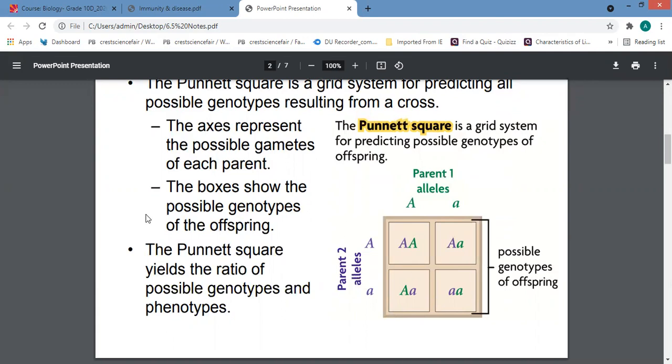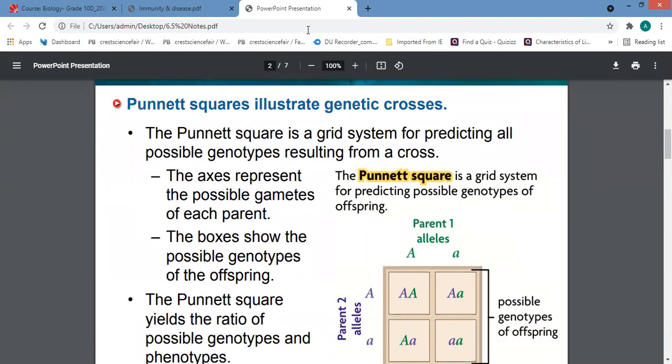As we explained in the last session, when mating between two homozygous parents, one of them dominant and the other one recessive. Who can explain it to me? Two homozygous parents, one dominant and the other one recessive.